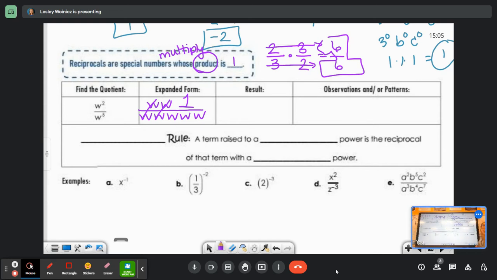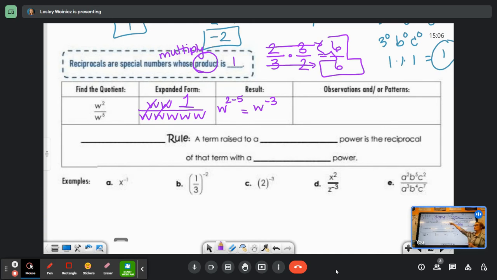Right? Okay. So now we're going to use the quotient rule. So we're going to take our w squared and minus the 5. And what do you get? A negative 3. So I did the expanded form and my w's are on the bottom.